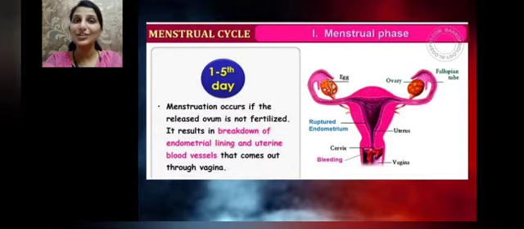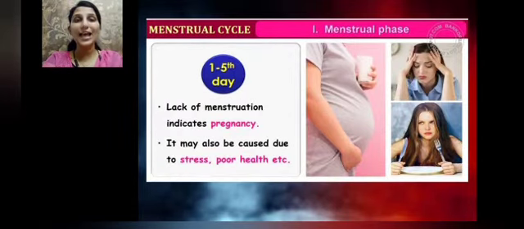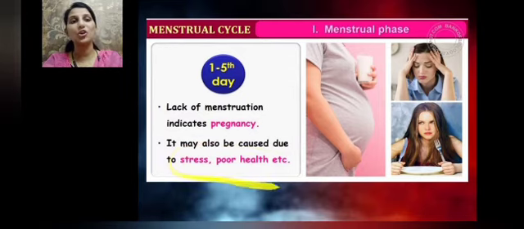And if fertilization does not take place, it results in the breakdown of the uterine lining, that is the endometrial lining, and the uterine blood vessels, and this comes out in the form of blood and mucus through the vagina, and that is the cause for bleeding. And if there is a lack of menstruation, it indicates pregnancy, or it can be due to stress or poor health.